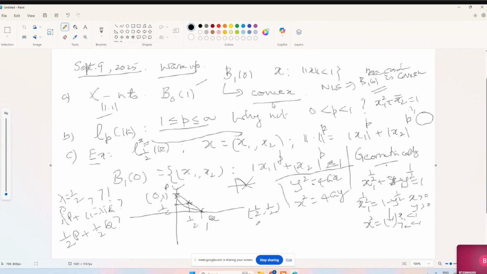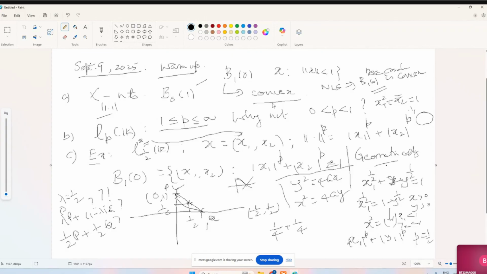So what is the norm of this? It will be 1/4 plus 1/4. I have to apply this norm: mod x1 raised to p plus mod y1 raised to p, where p is half.